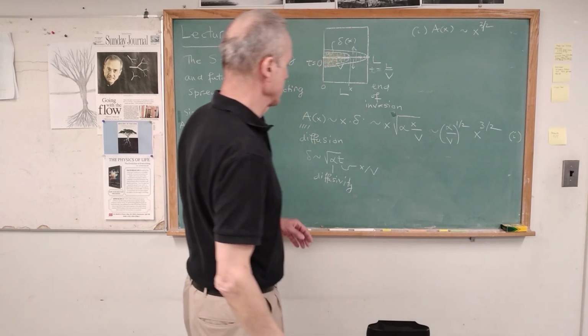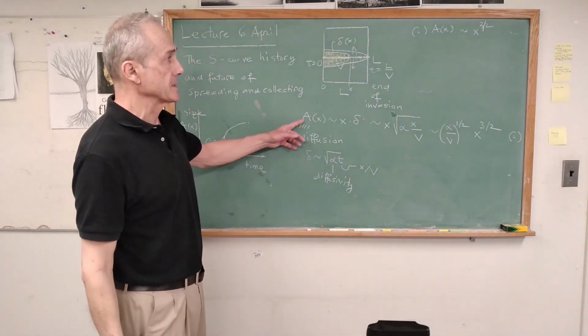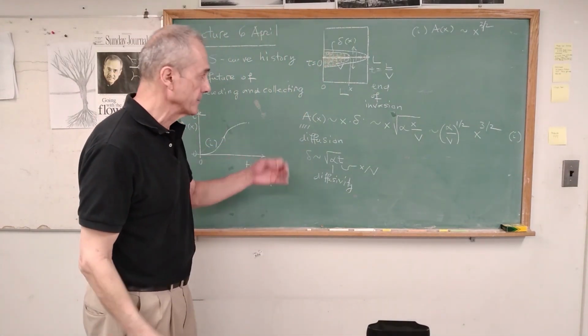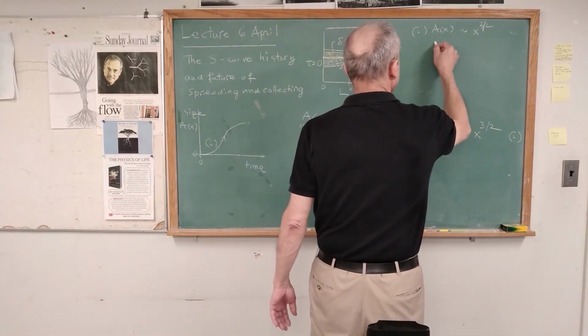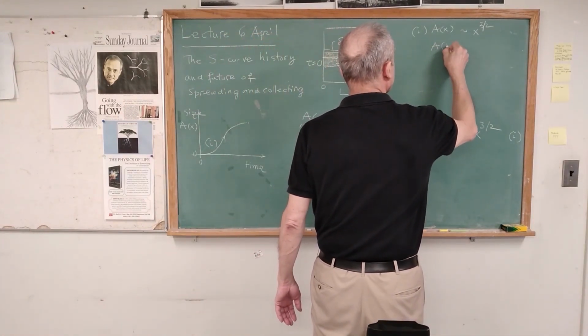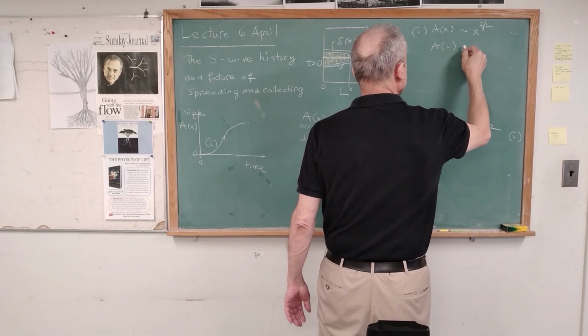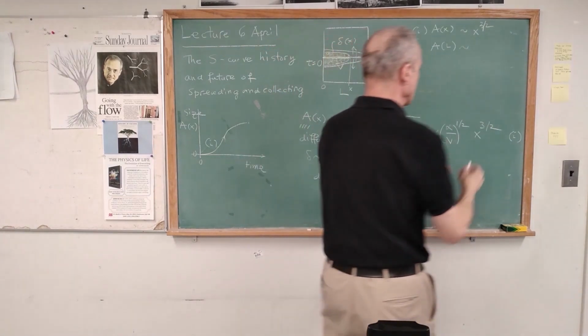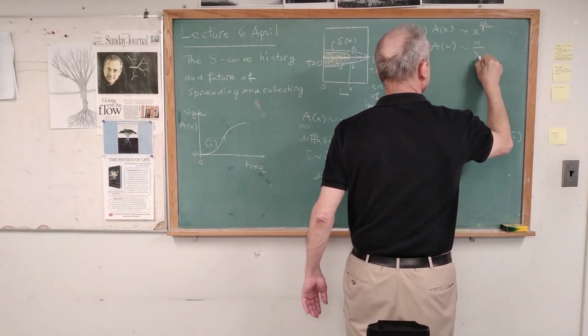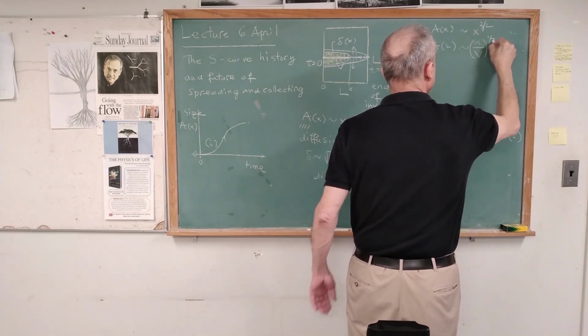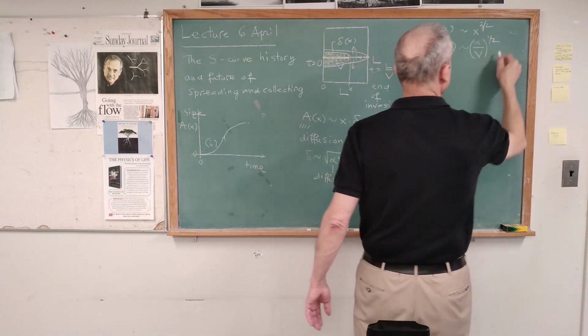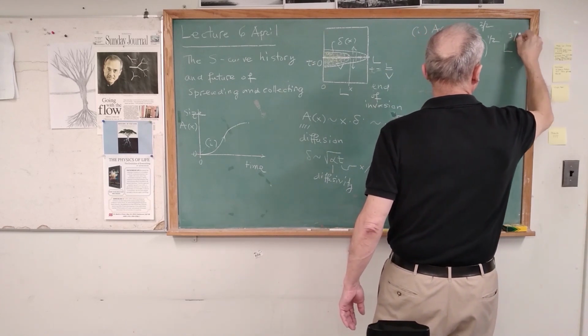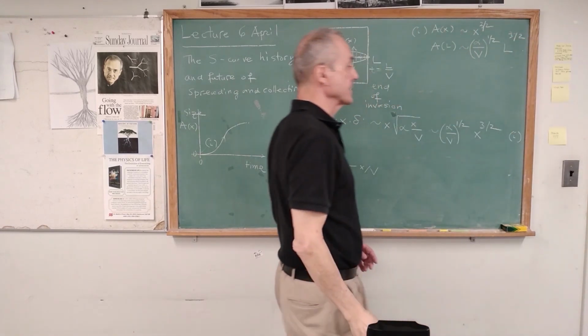The other is that the size of this area at the end of invasion, A at the end of invasion, is of order alpha over v to 1/2, and then L to 3/2.